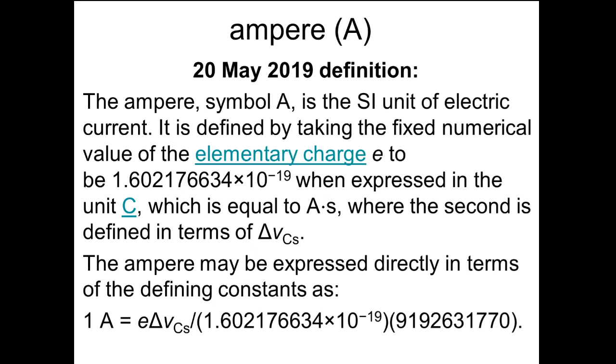On 20th May 2019, which is also celebrated as World Metrology Day, the definition of ampere was changed, which is defined by taking the fixed numerical value of e, and e equal to 1.602176634 into 10 to the power minus 19 coulomb, which is equal to ampere second.